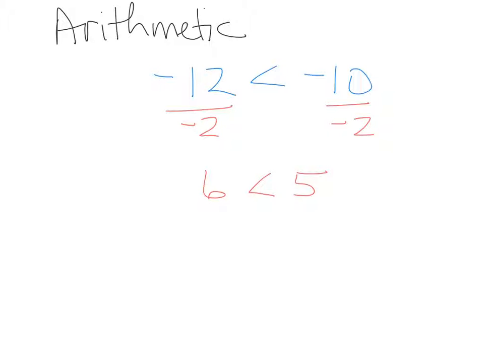That is not true. 6 is actually greater than 5. So again, notice how the inequality symbol switched from a less than to a greater than because I divided by a negative number.